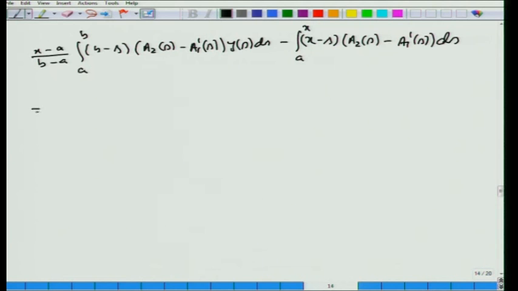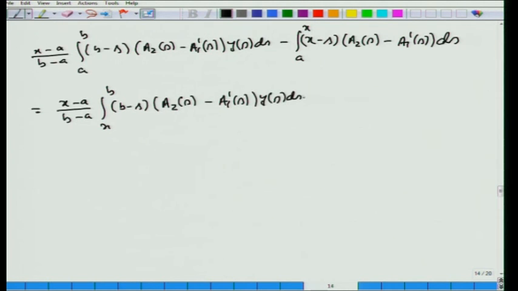This can be written as (x minus a) divided by (b minus a) integral x to b (b minus s)(a2(s) minus a1'(s)) y(s) ds plus (x minus b) divided by (b minus a) times integral a to x (a minus s) times (a2(s) minus a1'(s)) y(s) ds. So we are able to arrive at this stage.